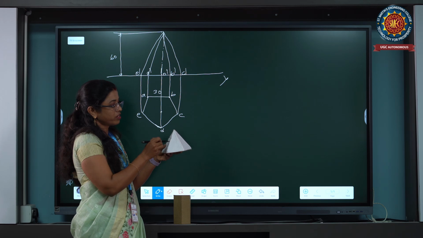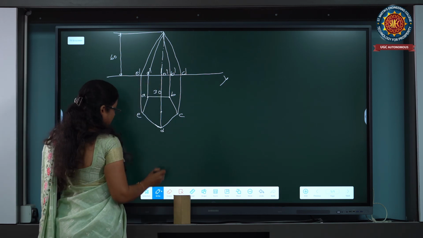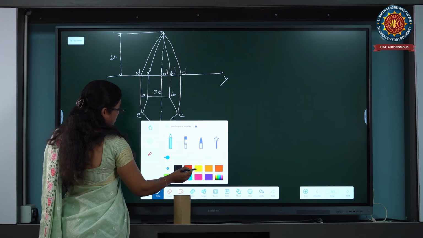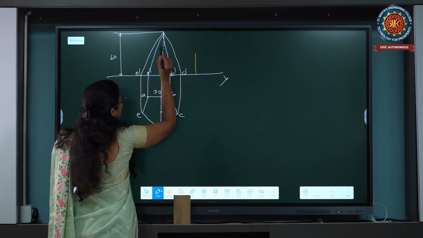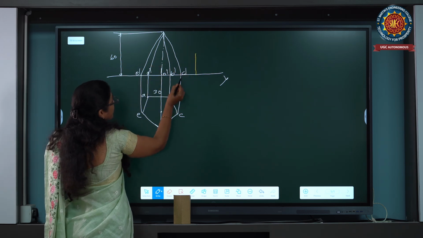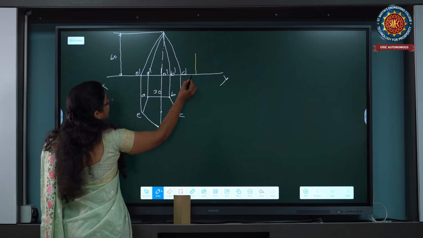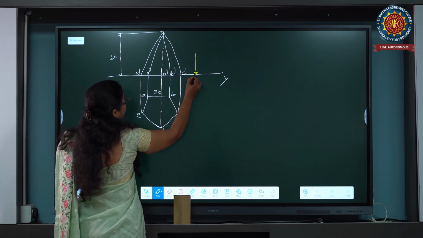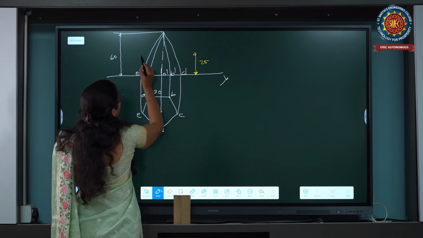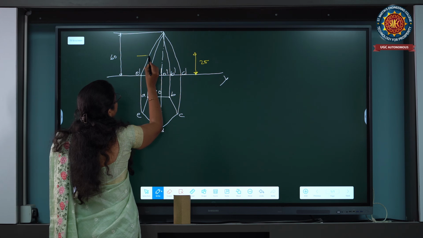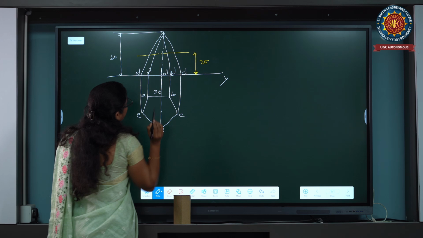Then you will get a triangle shape. Here the section plane is parallel to HP and placed above the base. The XY line is the reference line; measure a distance of 25 mm above it and draw the section plane, two dots and one line, two dots and one line, like that.